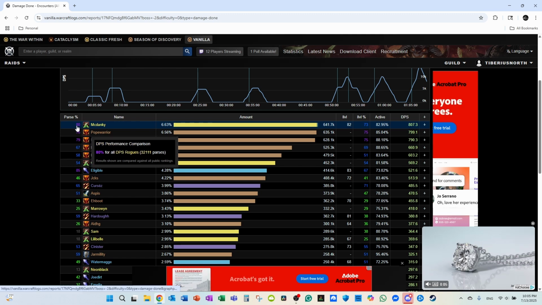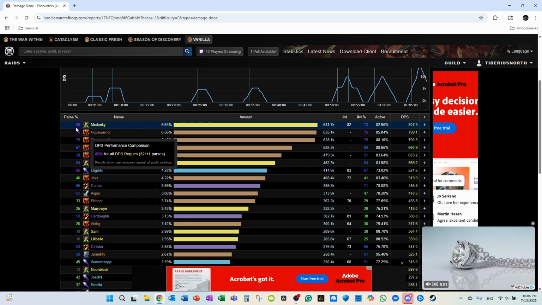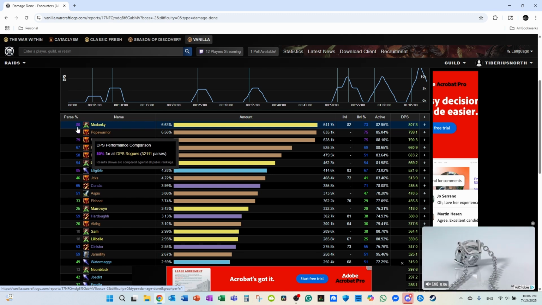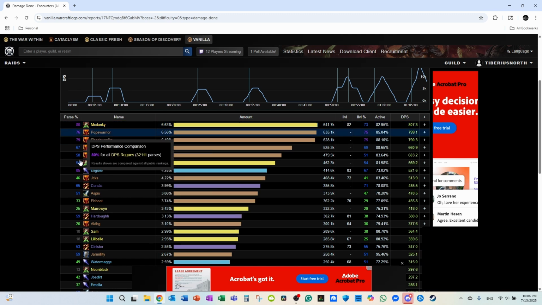And even within the top 100%, there are rankings, right? There are going to be several players, or really many players, that will have a 100 parse. And so there's a ranking within those that have a 100 parse as well. But anyway, that's the parse column.